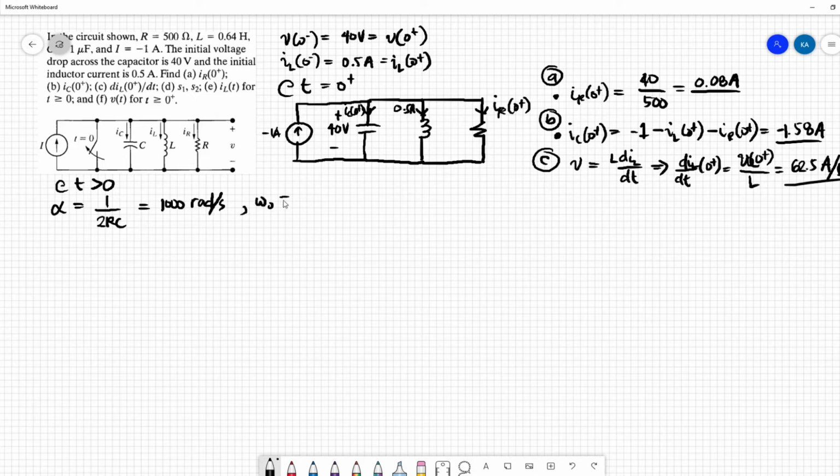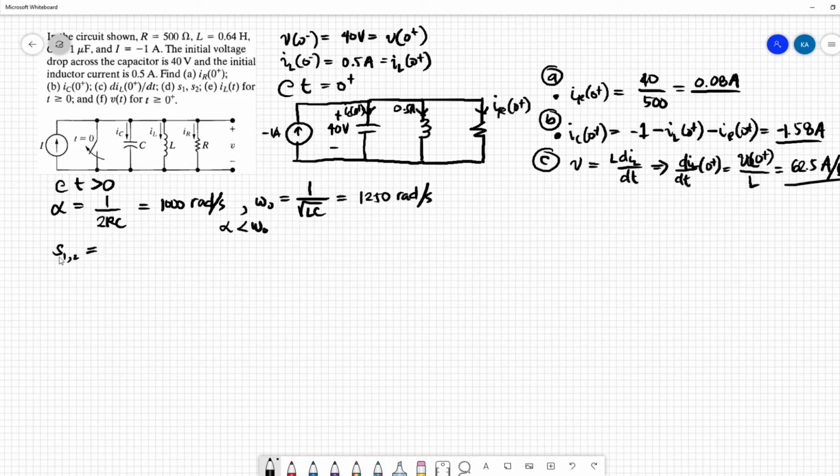Our omega naught is equivalent to 1 over the square root of LC, equal to 1250 rad per second.